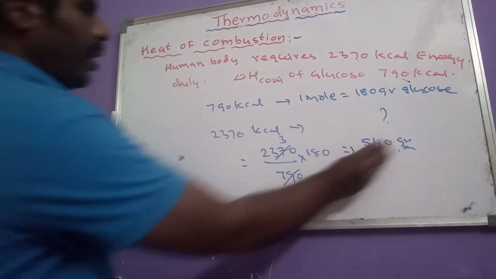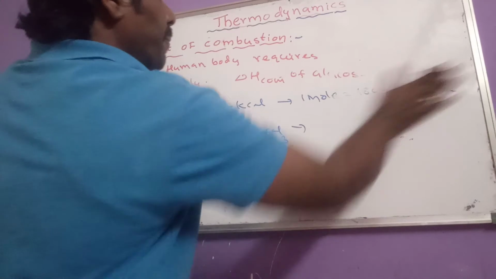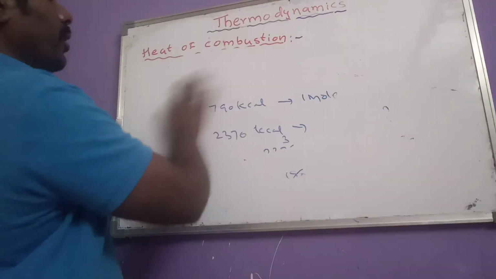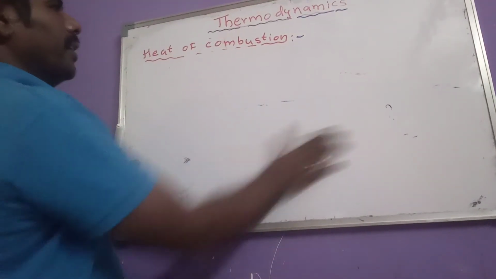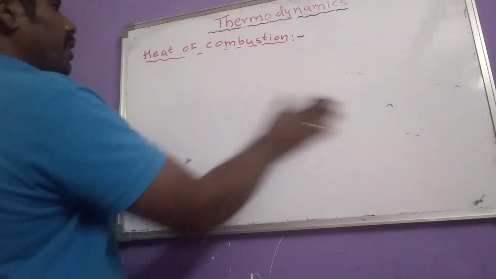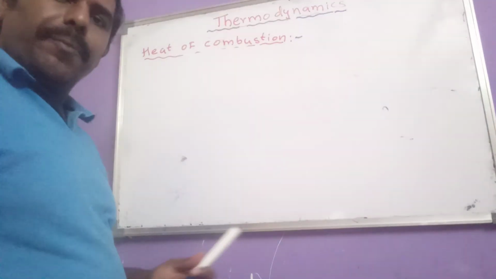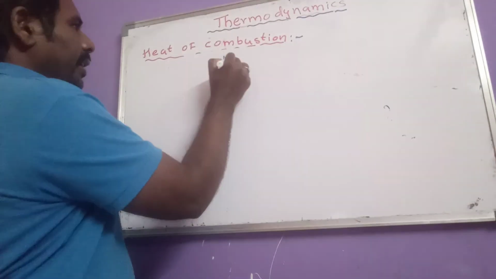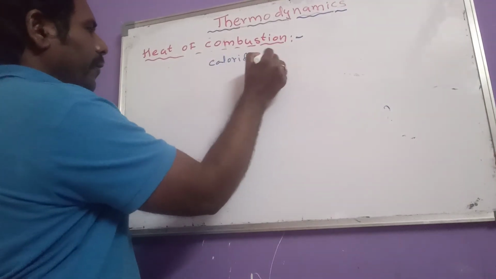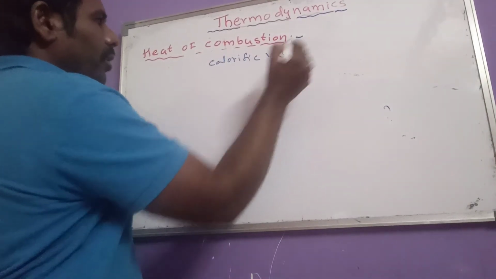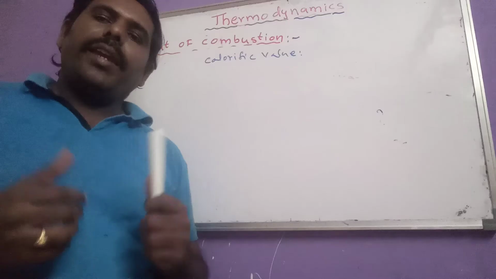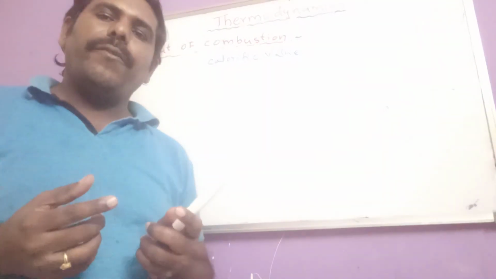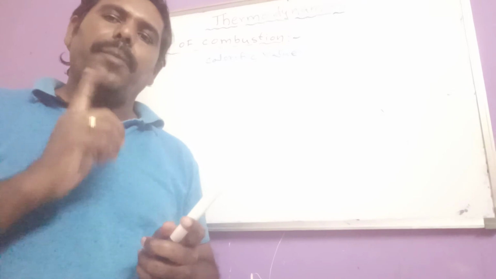Okay, then after that, another important thing related to heat of combustion, that is calorific value. Let us see what is calorific value. Calorific value means the heat of combustion of a substance per 1 gram.